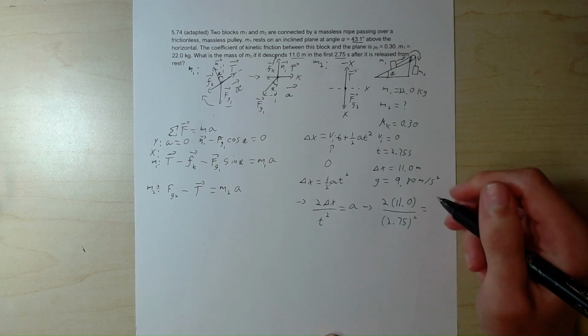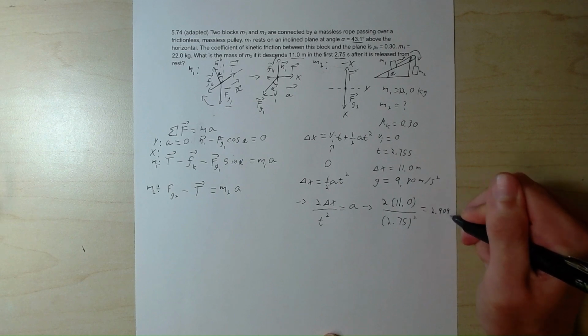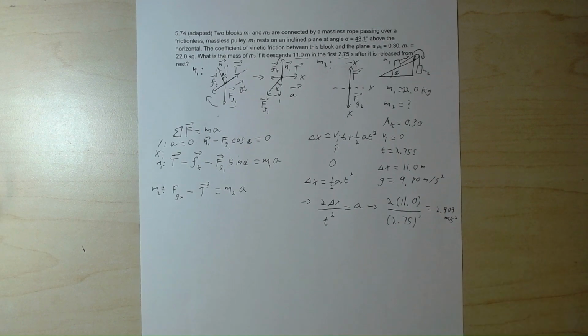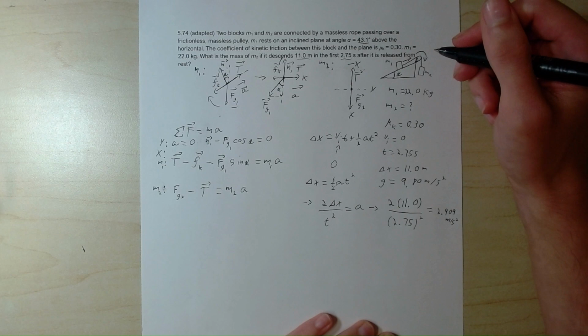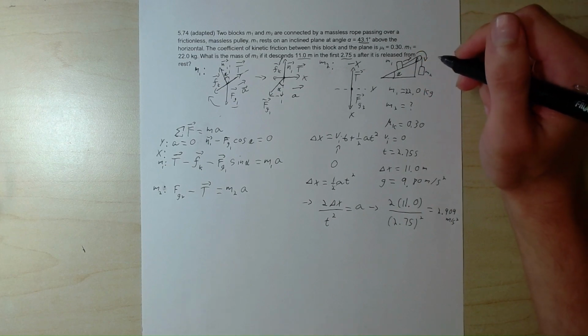This is approximately equal to 2.909 meters per second squared, because we're solving for acceleration. That's the acceleration of this entire system right here, because both of these blocks are connected. So 2.909 meters per second squared.